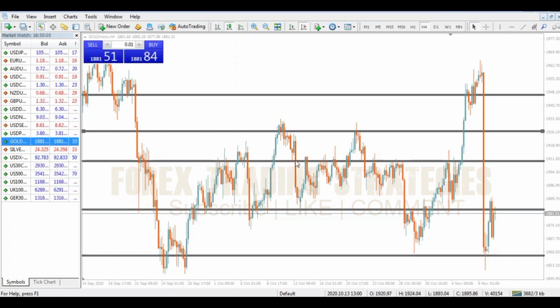Here there was no stopping because it dropped down with force, and it came here and touched here, and then it went back up, touched this level, came down and went back again to this level. You can tell the amount of interest in this level. There's a lot of interest in this level.